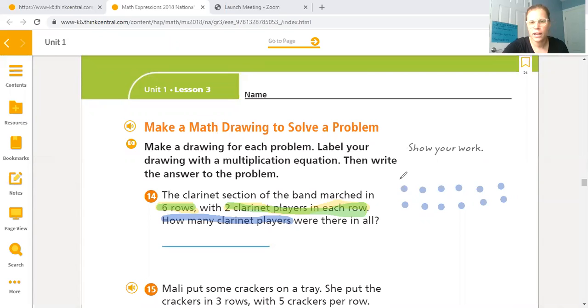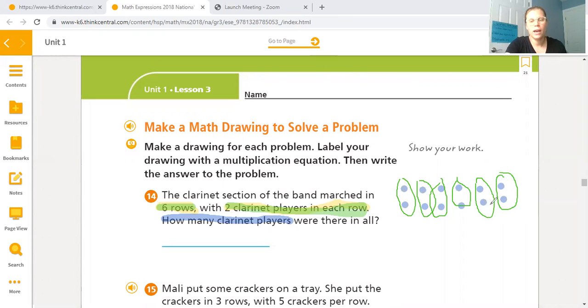Okay, so we would have 2, 4, 6, 8, 10, and 12, applying our skills of counting by 2 as we already did, and also using an array.